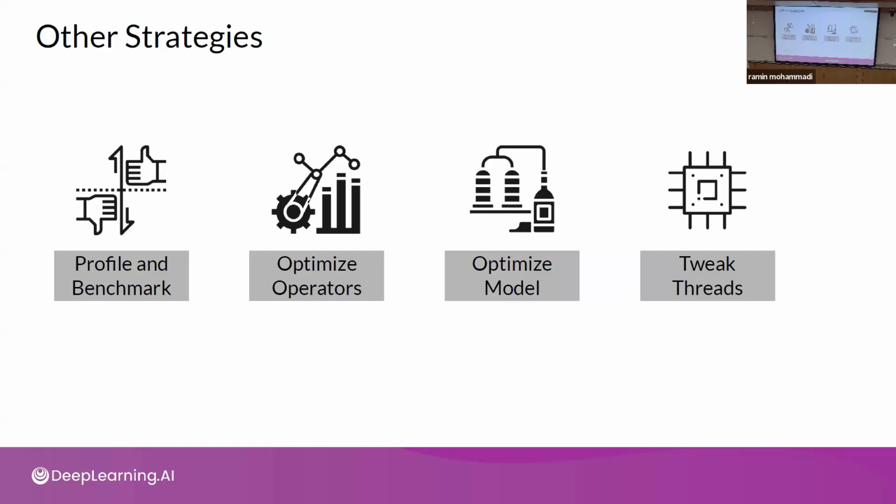If you notice that there are certain layers in your model that are the cause of the slowdown, you can optimize the operator. Instead of using that layer, come up with an alternative approach. The idea is to figure out what operation within your model is causing this slowdown and find a way to fix that.